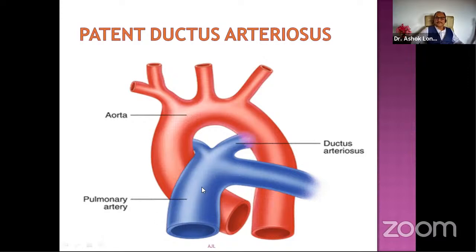But the blood, while the heart is beating, as I told you, the heartbeat starts from the 3rd to 5th week of conception. So at a very early stage, the heart pumping starts. Now the problem comes with this.